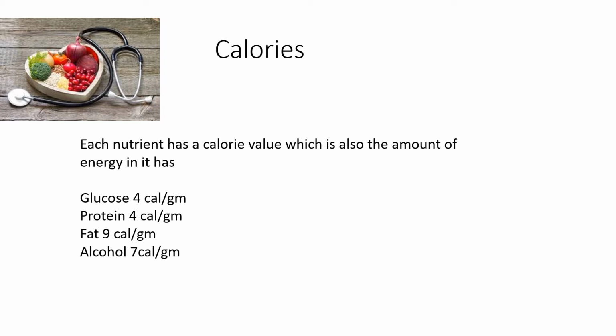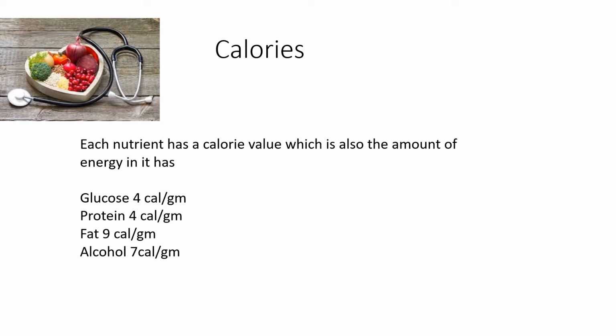Each has its own calorie value. A gram of glucose has 4 calories. A gram of protein is also 4 calories, and a gram of fat is 9 calories. I also included alcohol in here because we know what the value is, and that's something adults commonly drink, and that's 7 calories per gram.